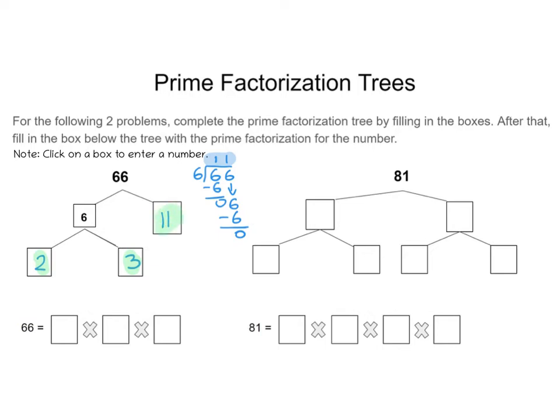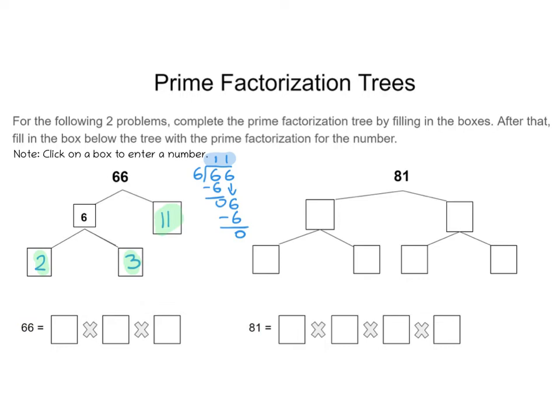And this is it. Now I'm going to take these numbers and copy them down, because the second part of the question was, after that, fill in the box below the tree with the prime factorization for the number. So this 2 is going to go here, 3 is going to go here, and 11 is going to go there.